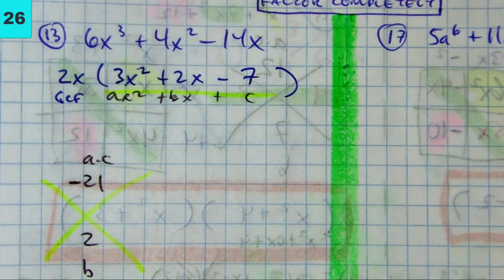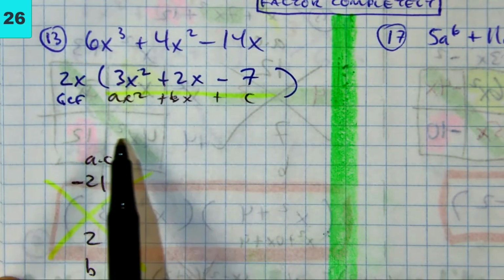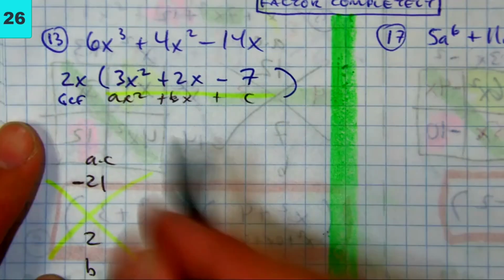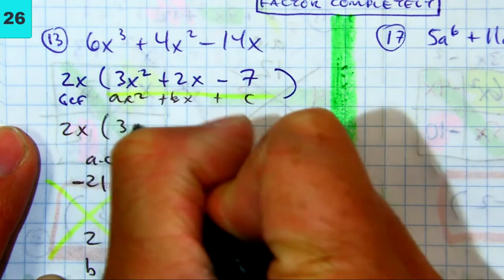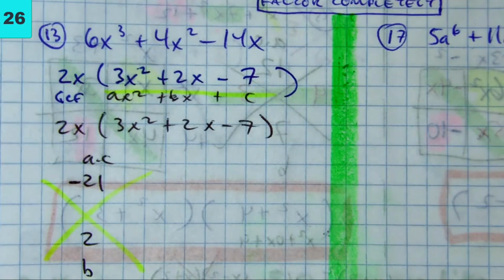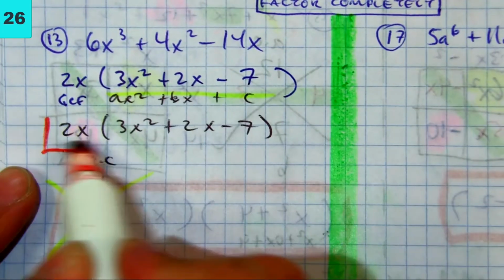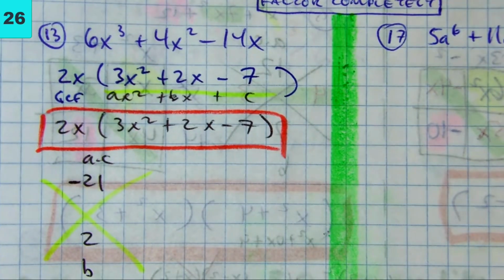None. Raise your hand if you got none. It just means that the yellow part is prime. What does that mean? It just means the only thing you can factor out is just 2x. And that's your answer. Okay, now let's just say I wanted you to graph this problem by multiplicity.